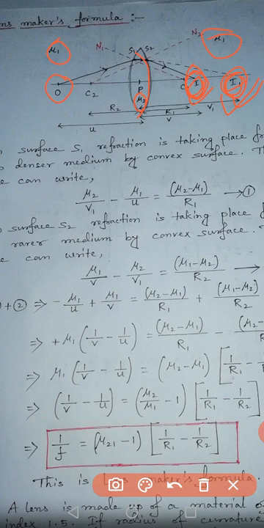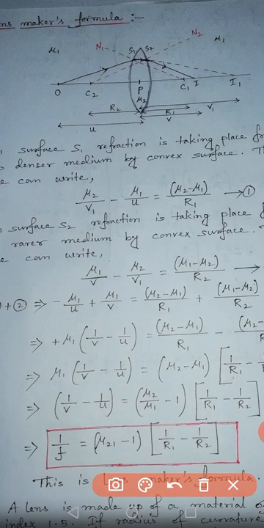As soon as we introduce S2, I1 becomes the object for it. And where was the position of I1? It was in the denser medium. And the final image, which is I, is obtained in the rarer medium. See this one nicely. If you still have any confusion, you can ask.